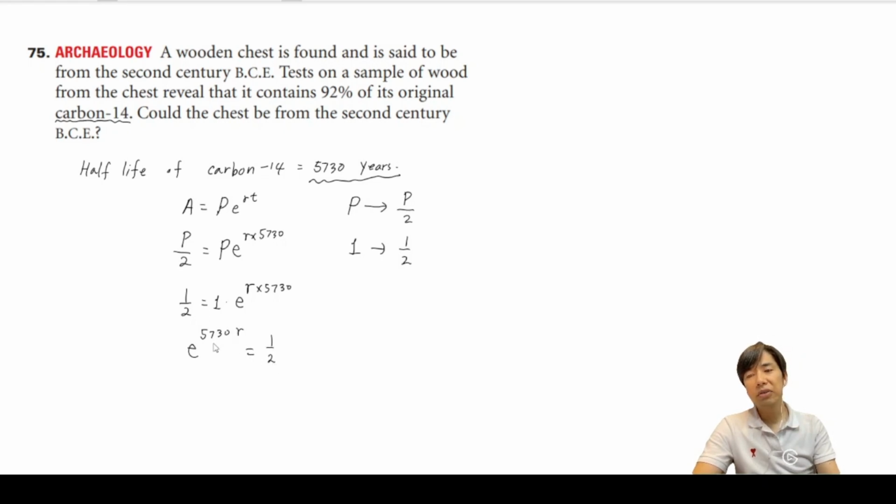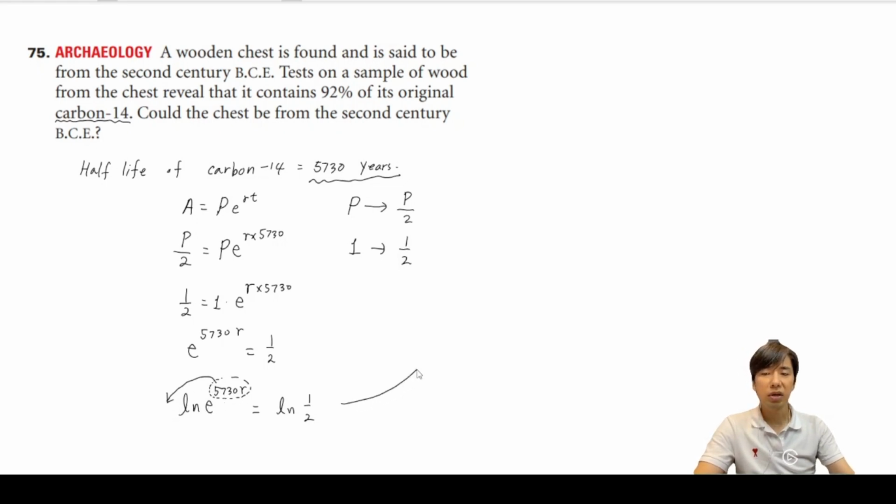In order to find this r, you need to apply natural log on both sides. So ln e to the power of 5730r is equal to ln 1 over 2. Using a property of logs, you can bring this expression in front of the ln.